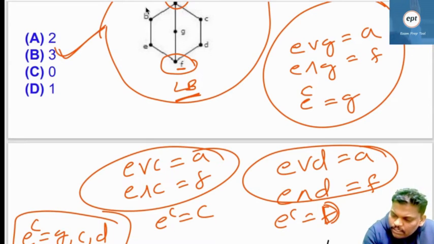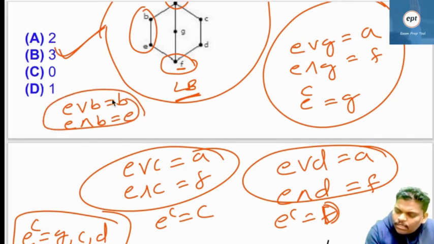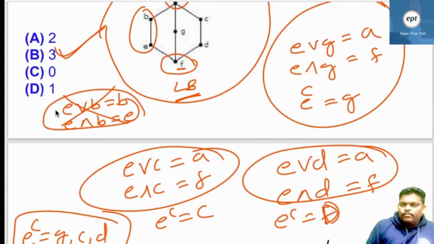Now, if you want, you can verify these two elements. If there is an edge between two elements, the upper element is the LUB and the bottom element is the GLB of the pair, so you are not getting the upper bound and lower bound of the lattice.